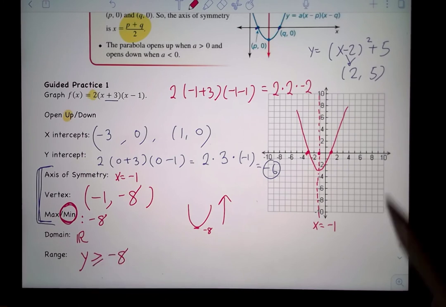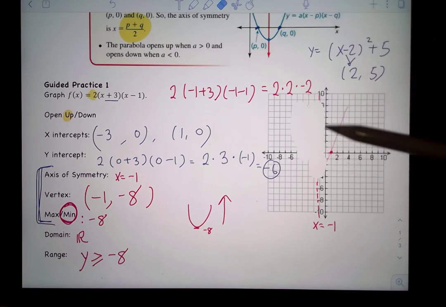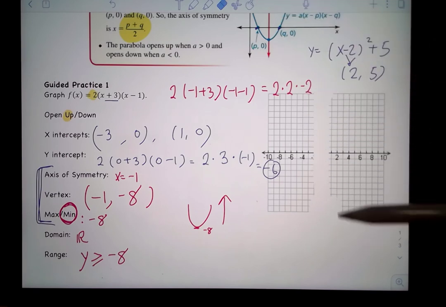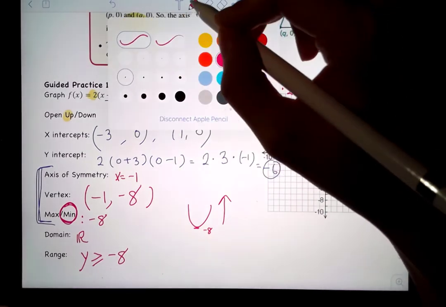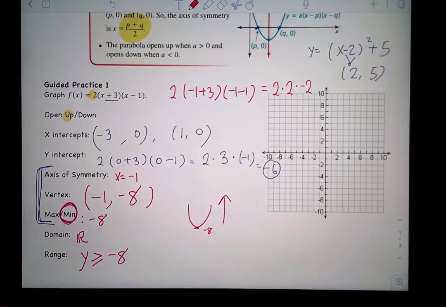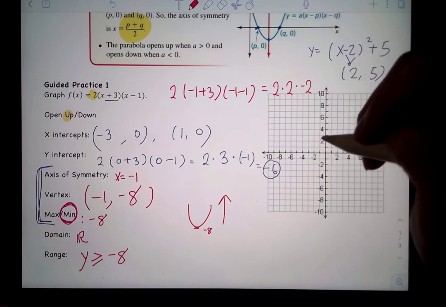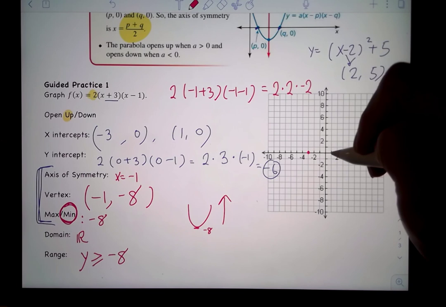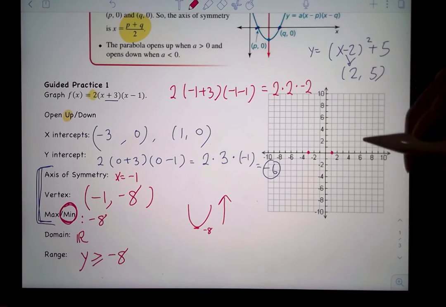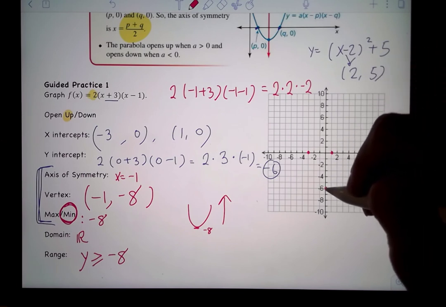Okay? And I'm gonna sketch my graph again, because that was rough. So let me do it again. My x-intercepts are -3 and 1, and my y-intercept was -6, right?